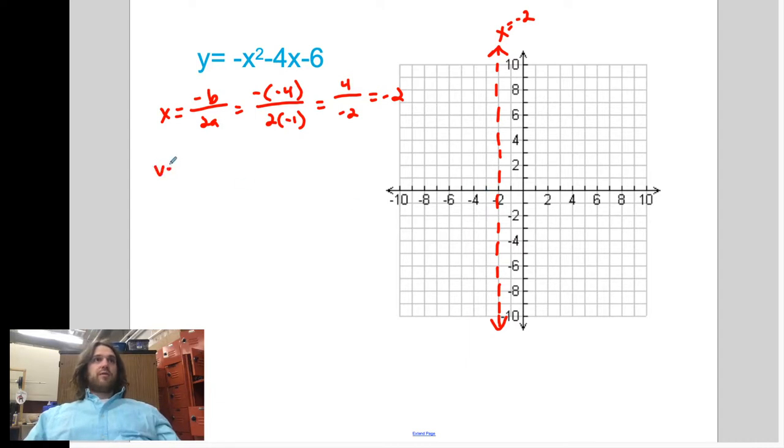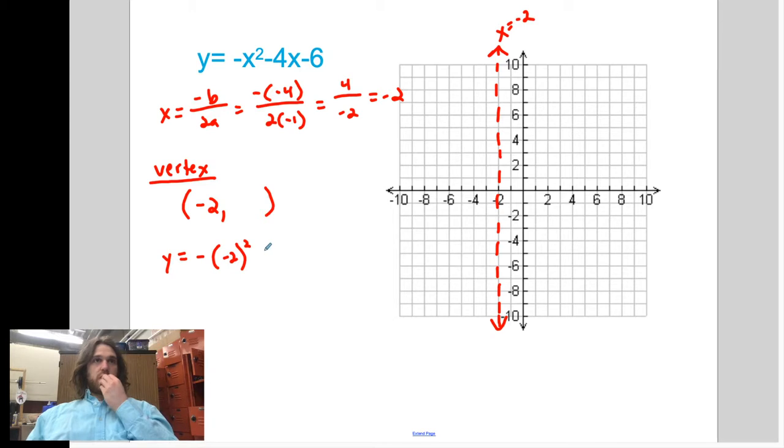Okay, so we then have the vertex. Negative 2, comma, well, we've got to figure it out. So we've got to plug this in. We're going to do y equals the opposite of negative 2 squared, which is really like having a negative 1 right there, minus 4 times negative 2 minus 6.